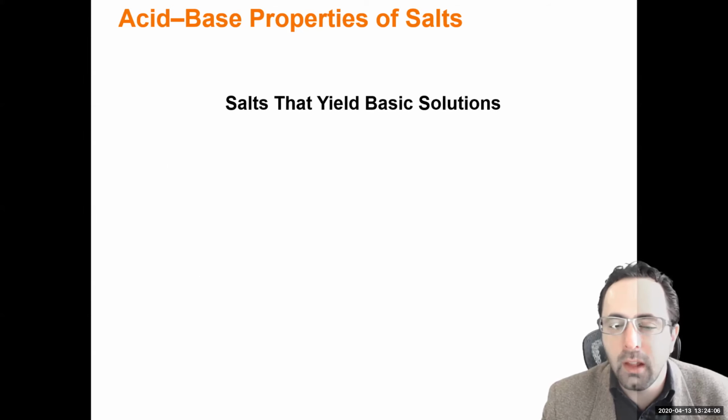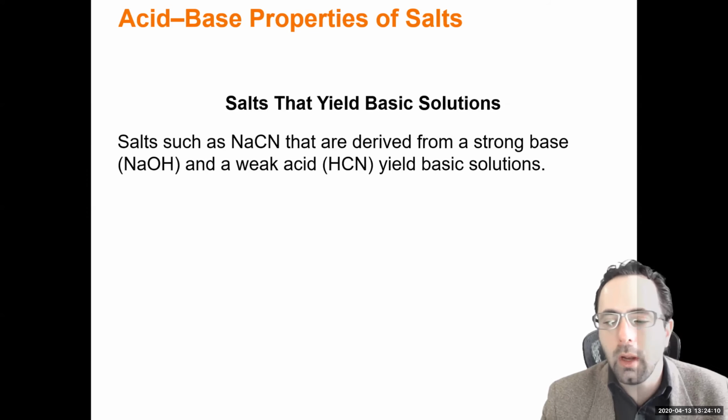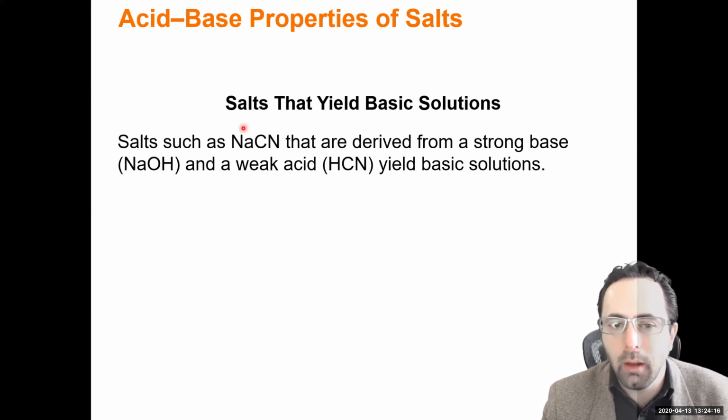Now for salts that yield basic solutions. So you're going to have a base. The base will come from the negative ion. So for example, if you have sodium cyanide, sodium is the cation that's part of sodium hydroxide, a strong base. It's not going to be acidic nor basic.